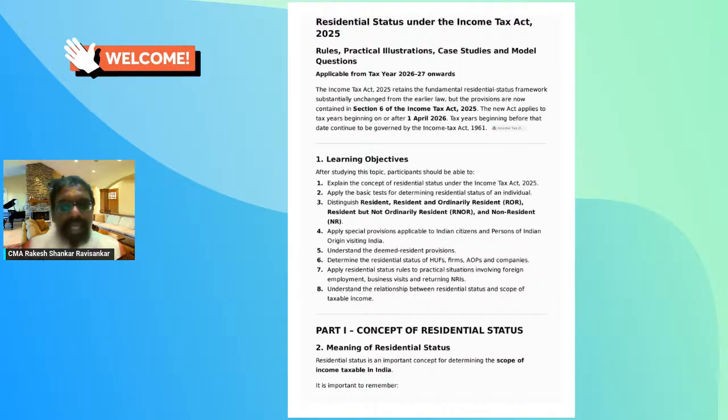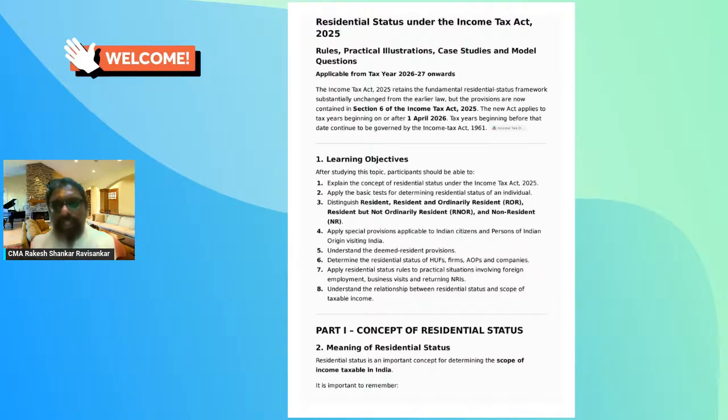The Income Tax Act 2025 retains a fundamental residential status framework, substantially unchanged from the earlier law. The rules are almost the same, with some small differences, but otherwise the majority remains the same.